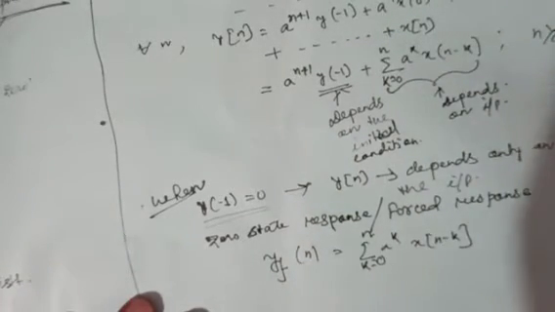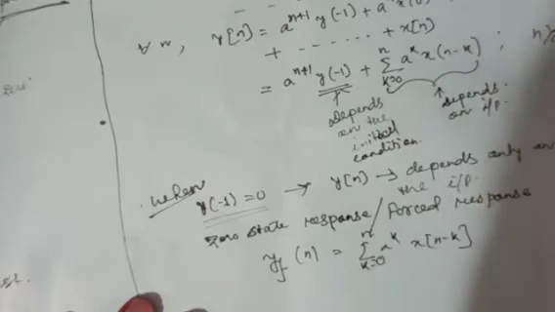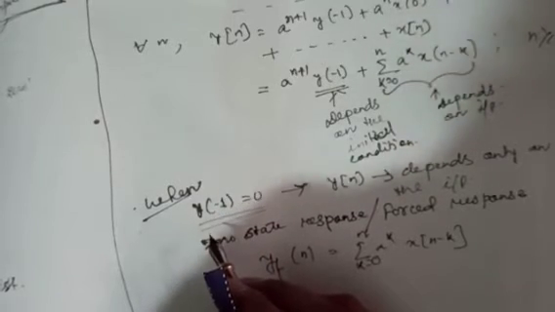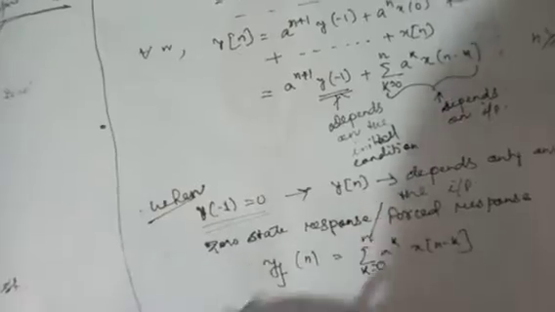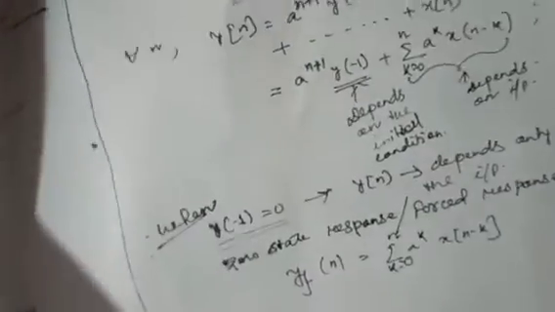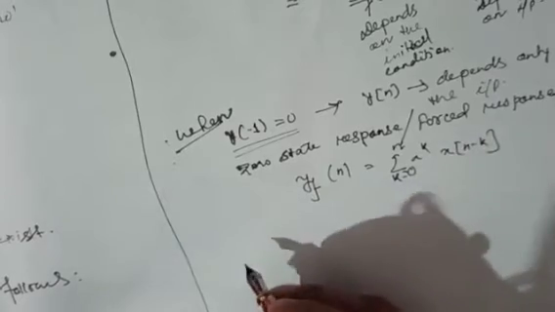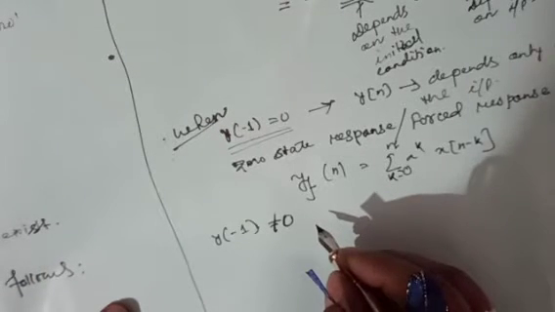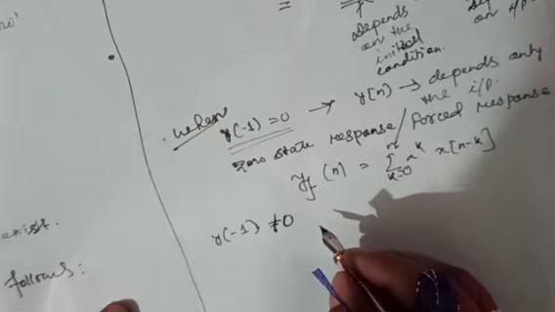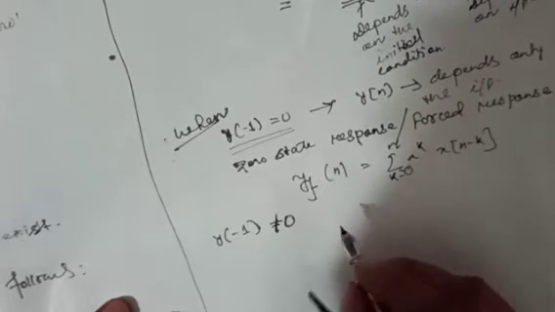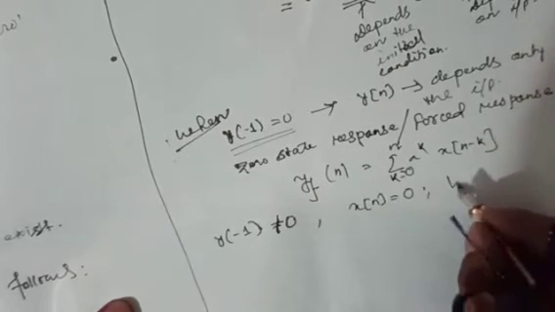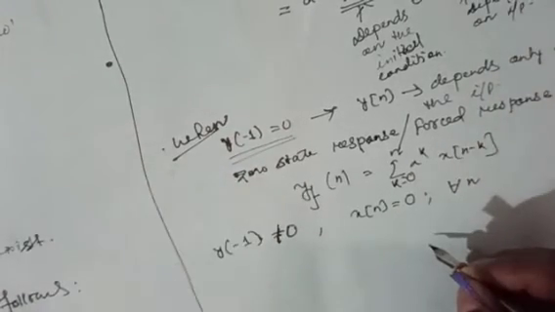Now if the system is initially non-relaxed, that means y of minus 1 is not equal to 0. Suppose also the input x of n is 0 for all n, that means you have not applied any input to the system.